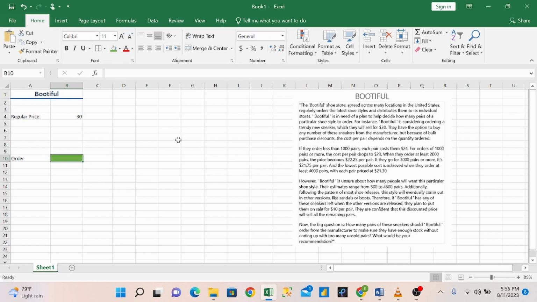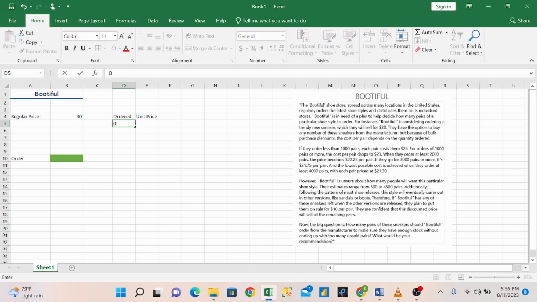Now I want to create a table for this piece of information that is given to me. Ordered, unit price. If I order less than 1,000 pairs of shoes, the unit price is going to be $24. If I order 1,000 pairs or more, the unit price is going to be $23.